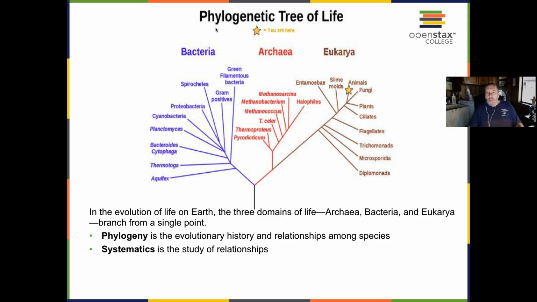So for some time now, going back to Linnaeus, like we talked about last time, we've been using a system of binomial nomenclature, meaning a two-name naming system. Every living thing on the planet has a genus and a species name.